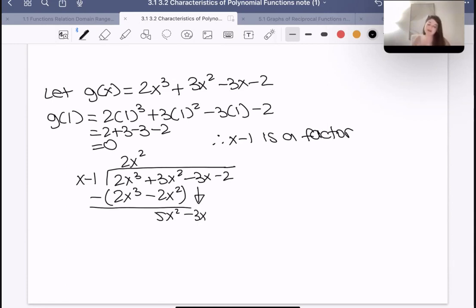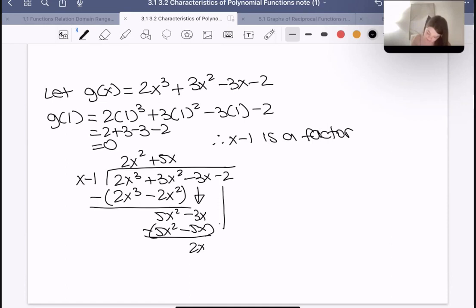Now, how many times does x go into 5x squared? Well, 5x times. And negative 1 times 5x is negative 5x, and then we subtract. So 5x squared minus 5x squared is 0. Negative 3x minus negative 5x would be negative 3x plus 5x, which is 2x.